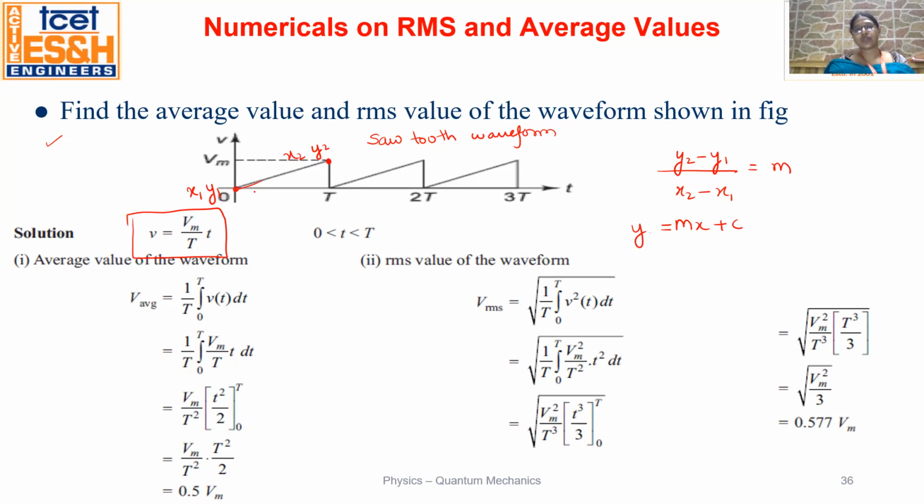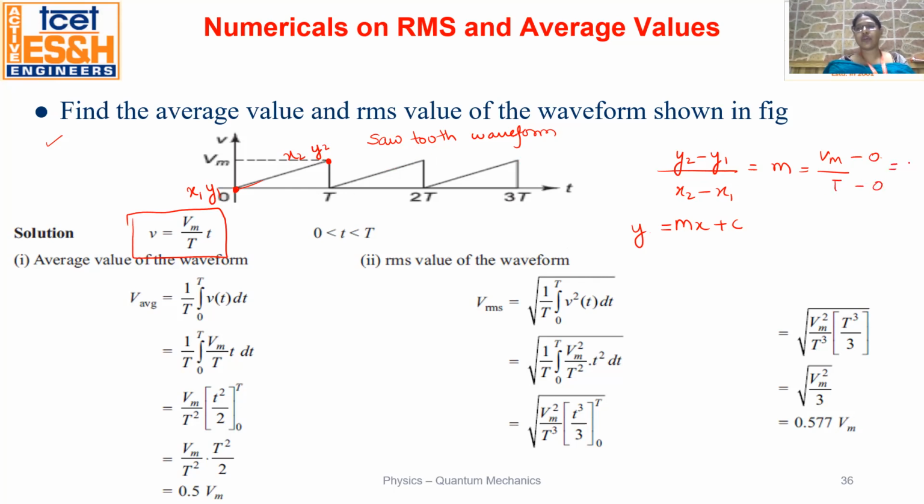Clear? Now y2 is Vm, y1 is 0, and x2 is T, x1 is 0.